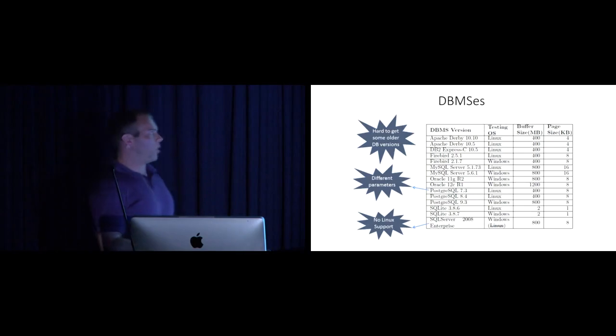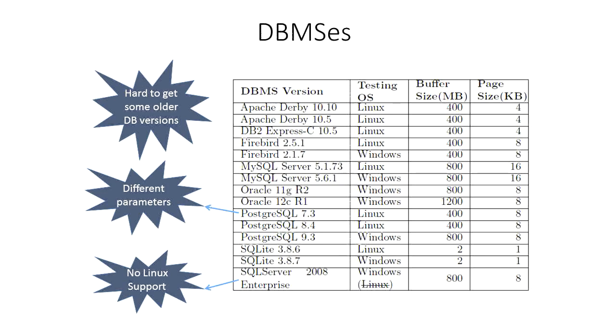So DICE currently supports 8 different databases and several versions for each database, on both Linux and Windows. Two interesting things to point out on this slide: we found that for an older version of Postgres, about 10 or 15 years old, the parameter detector produced a different set of parameters.